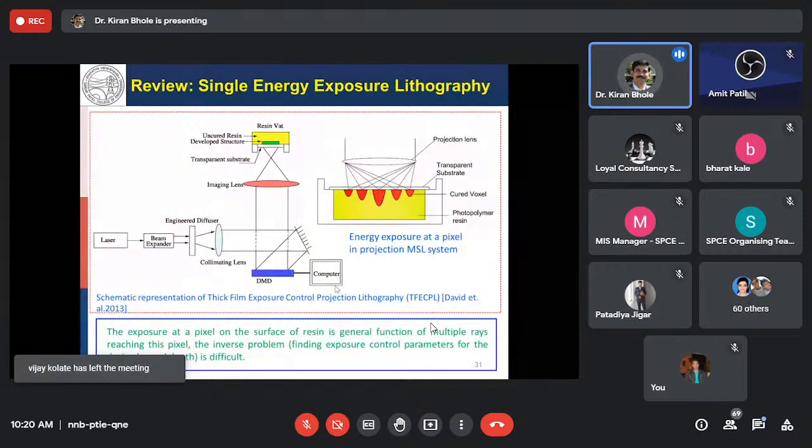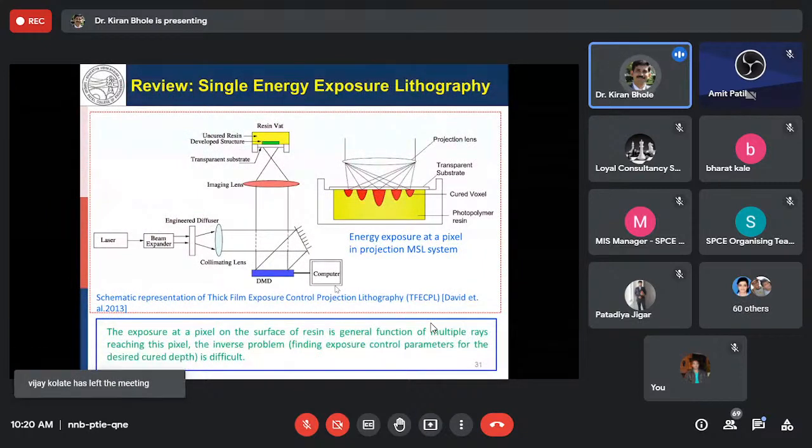One of the other approaches developed to minimize the staircasing effect is the single energy exposure lithography.